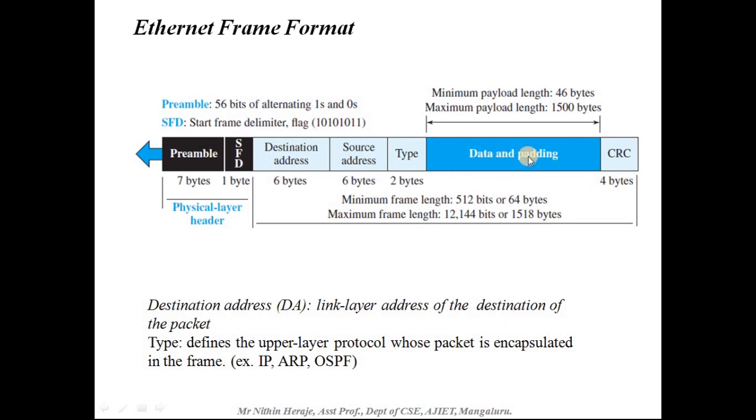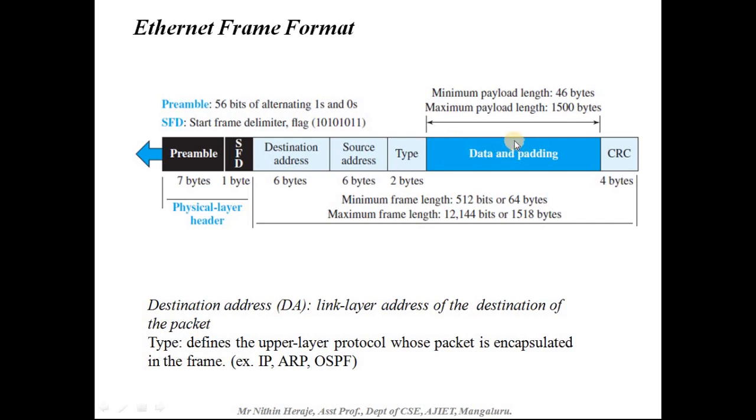So data and padding, because if you have a maximum payload length of 1500 bytes, and in case you have only 1000 bytes of data, the remaining 500 bytes need to be padded. That's why there is data and padding.